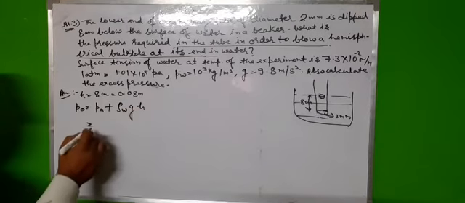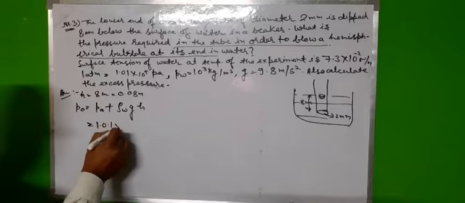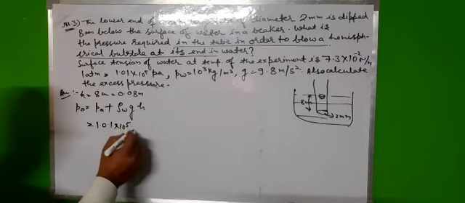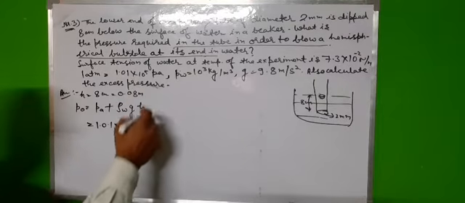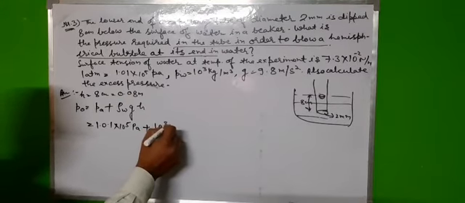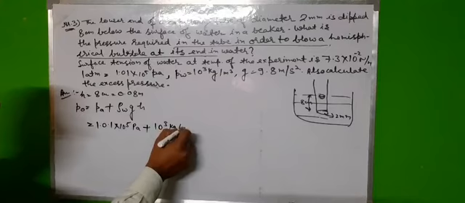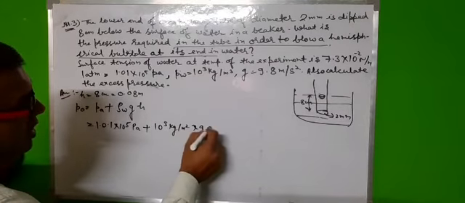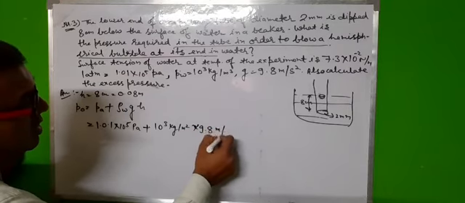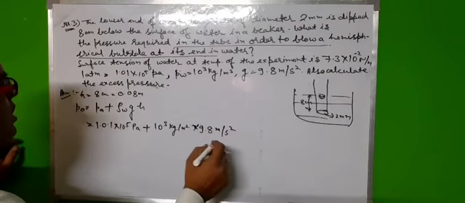Okay, and atmospheric pressure is what? 1.01 into 10 to the power 5 Pascal plus 10 to the power 3 kg per meter cube into 9.8 meter per second square.